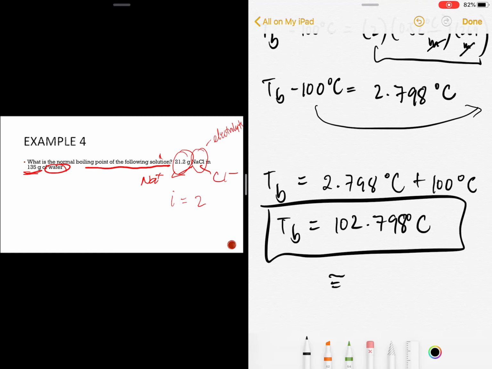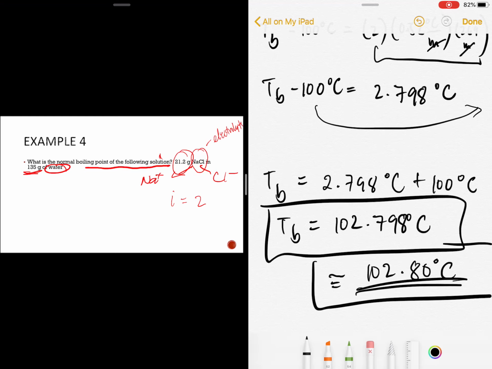And you can simplify it as 102.80 degrees Celsius. Okay. So now, we follow the concept. This is actually correct because if pure water is 100 degrees Celsius and you add a solute, in this case sodium chloride, the boiling point of the solution will indeed rise. It is higher than the boiling point of the pure solvent.